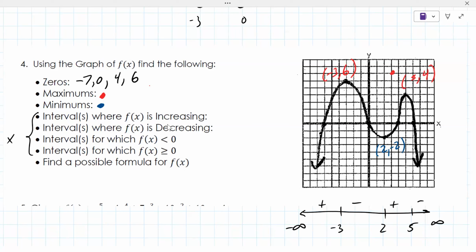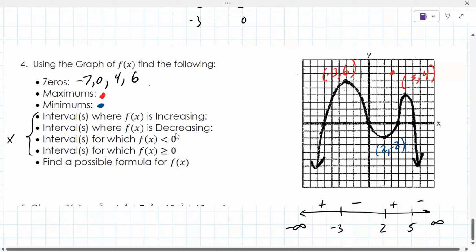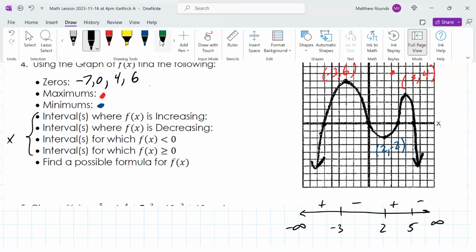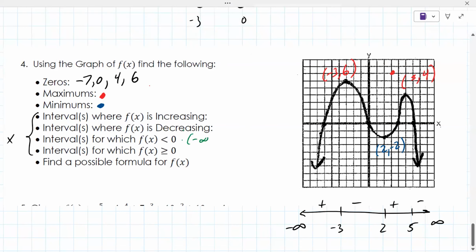Intervals for which f of x is less than 0 would be -infinity to -7. You're going to use your zeros.